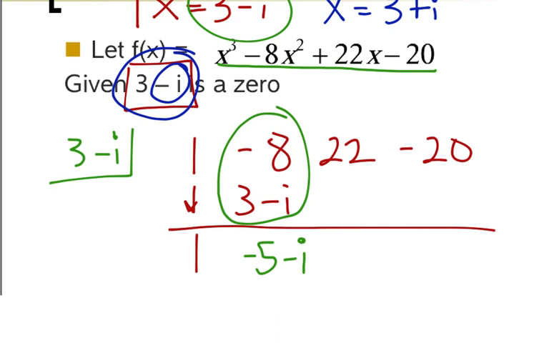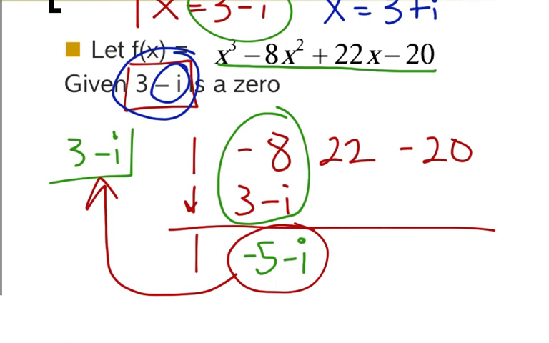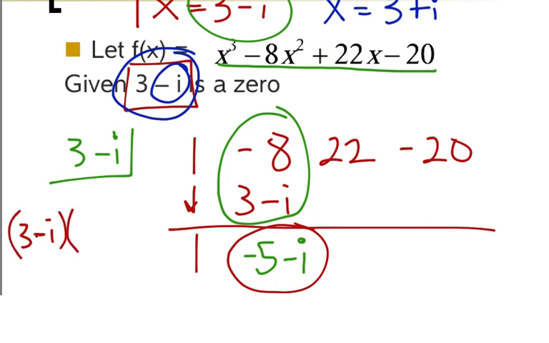Now here's where it gets a little complicated. You have to take your negative 5 minus i and multiply it by 3 minus i. I'm going to do that off to the side: 3 minus i times negative 5 minus i. I get negative 15.